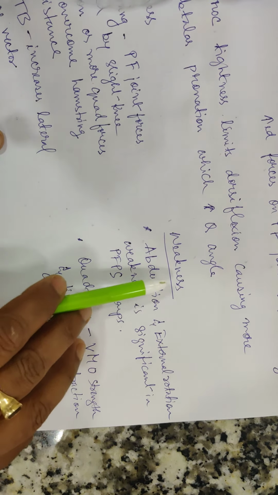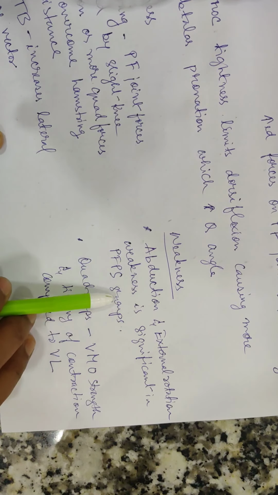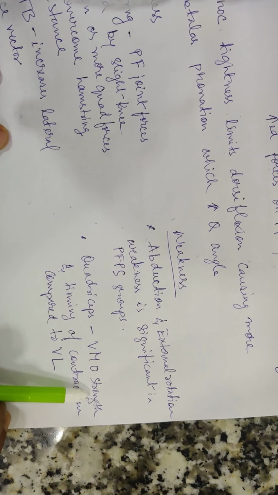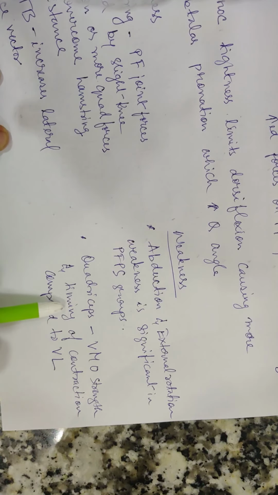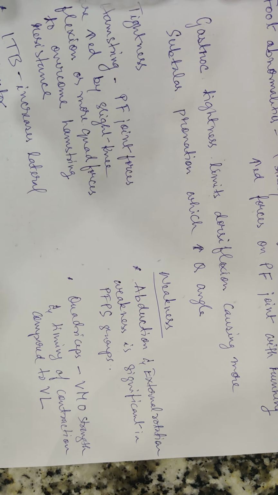Now, if the abductors and external rotators are weak, the VMO goes for weakness, and the ITB goes for tightness. That VMO, which is going for weakness, has a decreased time of contraction compared to the VL. So all these factors we have to consider in the examination of patients having this kind of patellofemoral syndrome.